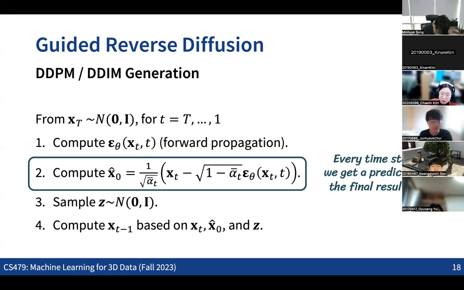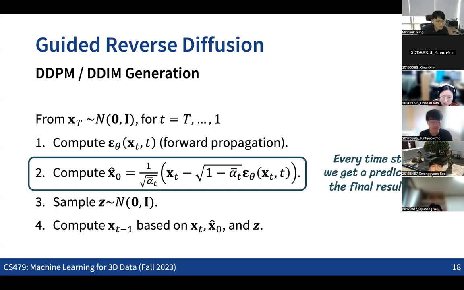So here the basic question is: since we are getting a prediction for the final output at each intermediate step, can we add some regularization on the final outputs, in terms of what kind of output we want to see? Let me visualize this.